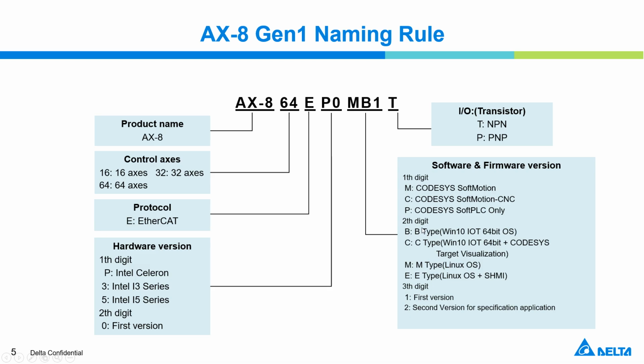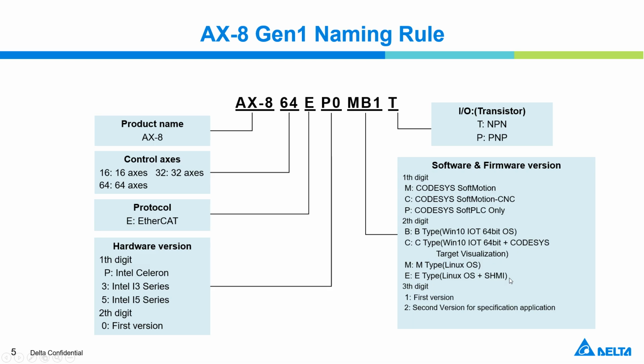And the second digit, the B type, means Windows. C type means Windows with CODESYS target visualization, which means you can use the CODESYS built-in visualization function. M means Linux, and E means Linux with soft HMI.